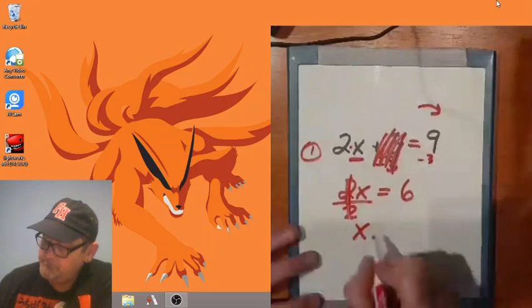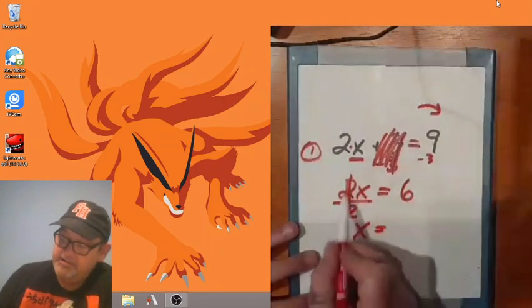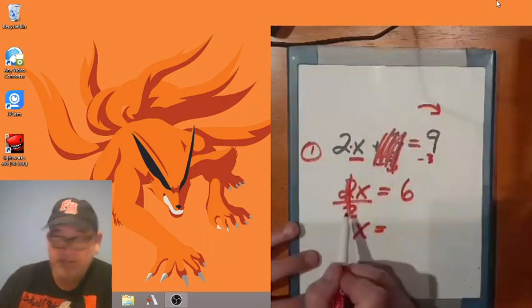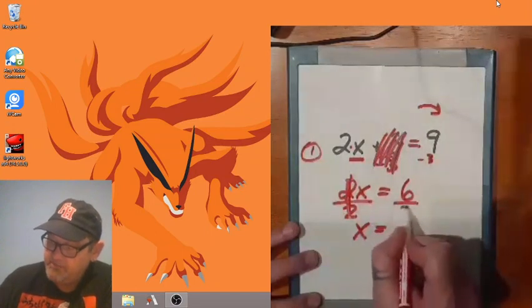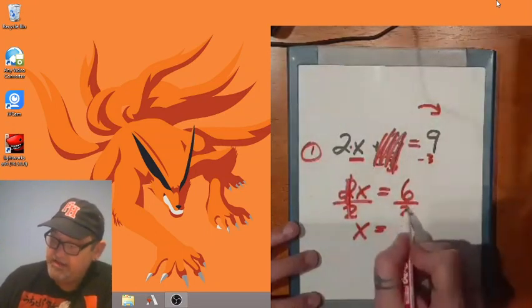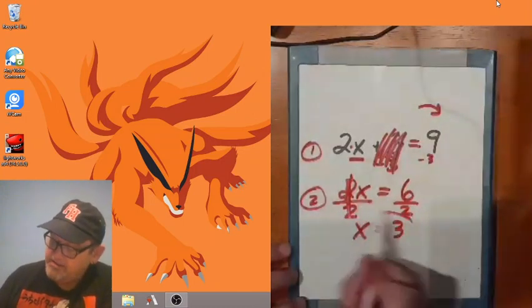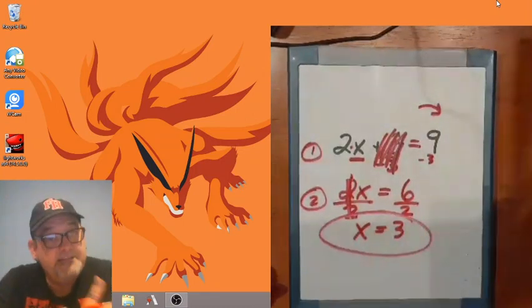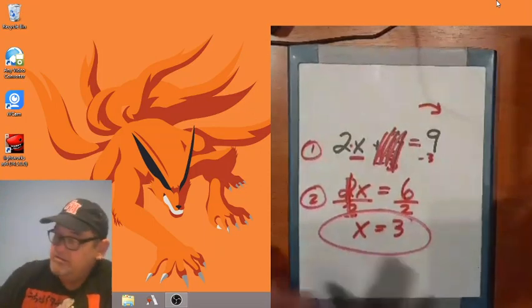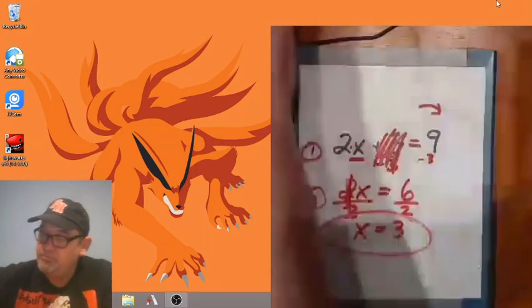Easy enough. And then since I divided 2 by 2 on this side of the equal sign, over here I have to divide by 2 also. So 6 divided by 2 is 3. So that was step 2, and that gives us our final answer of x equals 3. Okay? So, pretty simple.